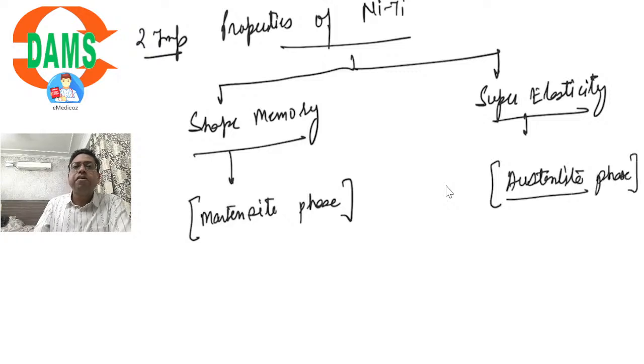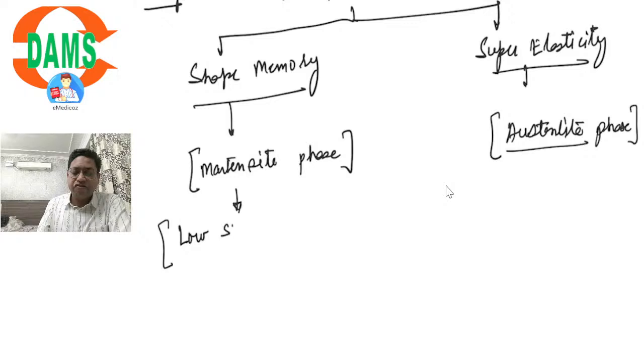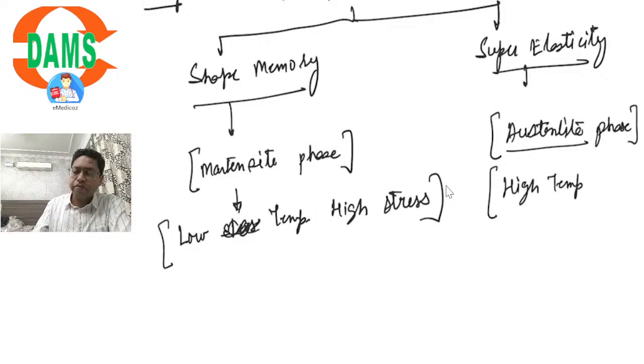So nickel titanium exists in different phases depending upon its stress and temperature. Martensite is basically a low temperature, high stress form, and austenite is a high temperature, low stress form.